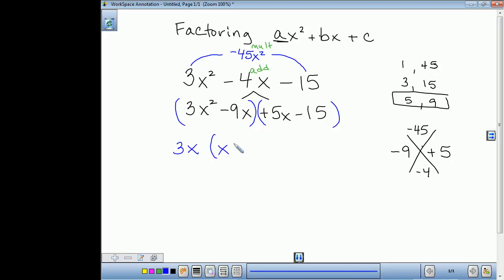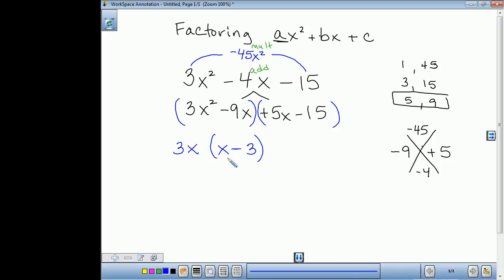Okay, whatever sign is here, it's the same here. So what do I multiply 3 by to get 9? 3. Here I have an x. Here I only have one x. Do I need any more x's? No. Okay. So when I factored out the GCF of this first group, I got 3x times x minus 3.